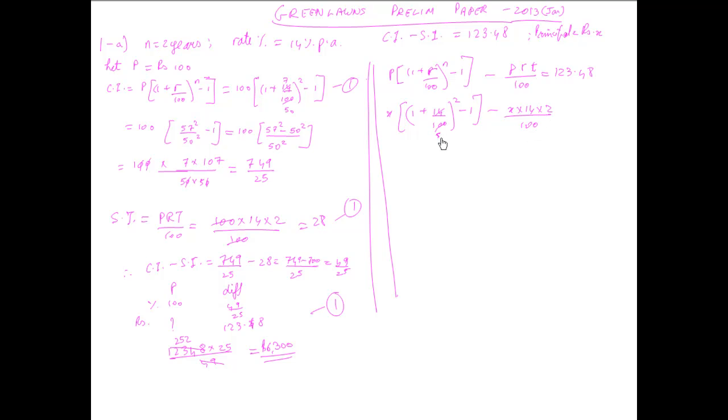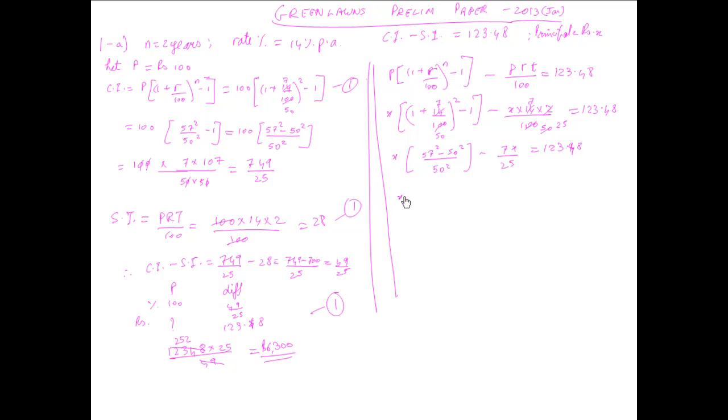So we'll cancel with this. That gives us X times (57 squared minus 50 squared) upon 50 squared minus, cancel with this to give you 50, you will cancel with this to give you 7x upon 25, is equal to 123 rupees 48 paise.